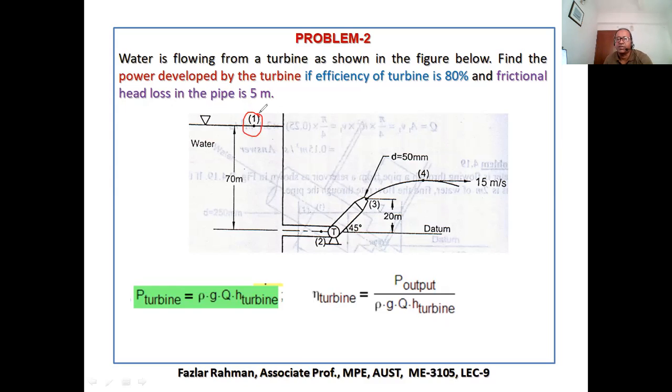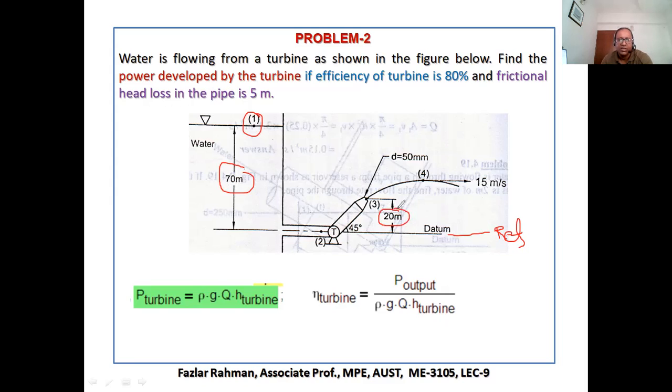Obviously atmospheric pressure. At point 3, water is just coming out through the nozzle, so obviously this is atmospheric pressure. What will be Z1? Z1 will be 70 from this datum. You can consider the datum anywhere, but I am considering this as my reference line. So Z1 will be 70 and Z3 will be 20 meters, which is already given.